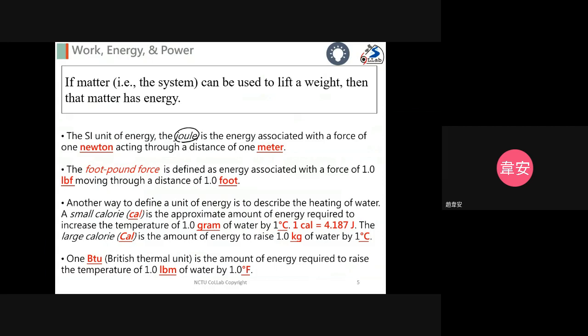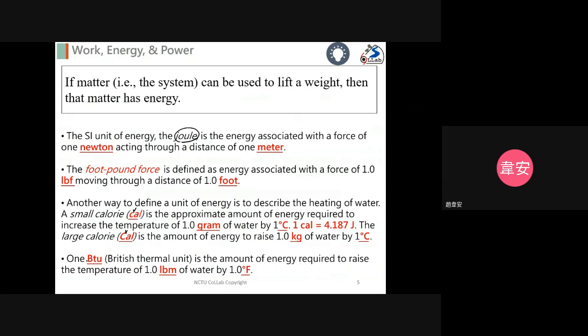And then another way to define a unit of energy is to describe the heating of water. So we have the small calorie and the large calorie. The small calorie is equal to the energy required to increase the temperature of 1 gram of water by 1 degree. And we know that 1 small calorie is equal to 4.187 joules. The large calorie is the amount of energy to raise 1 kilogram of water by 1 degree.